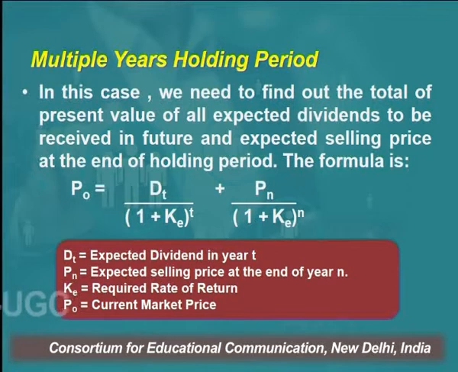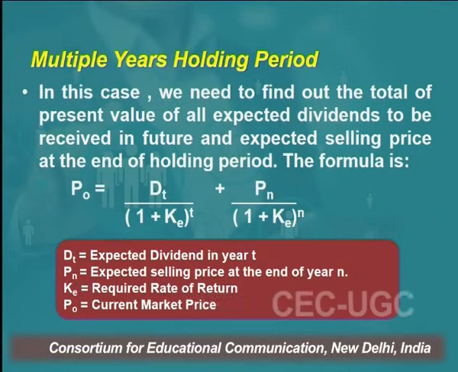The formula by which we value the equity share, if the holding period is more than a year, is P0. P0 is the price in the zero period, that is the current price at present, equal to the sum of Dt, dividend in the period t.